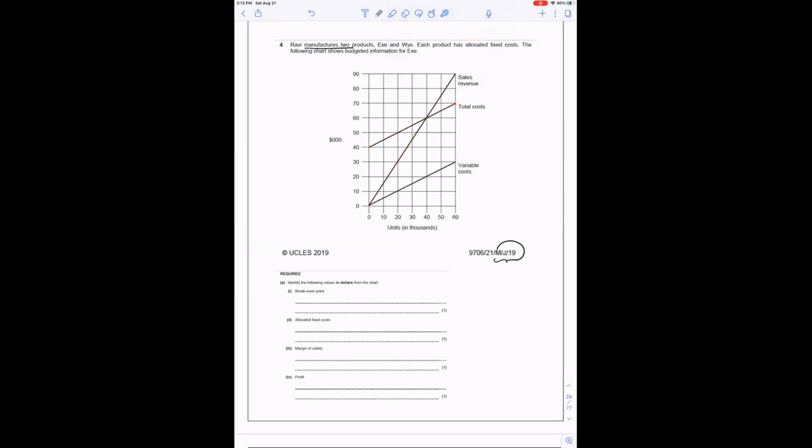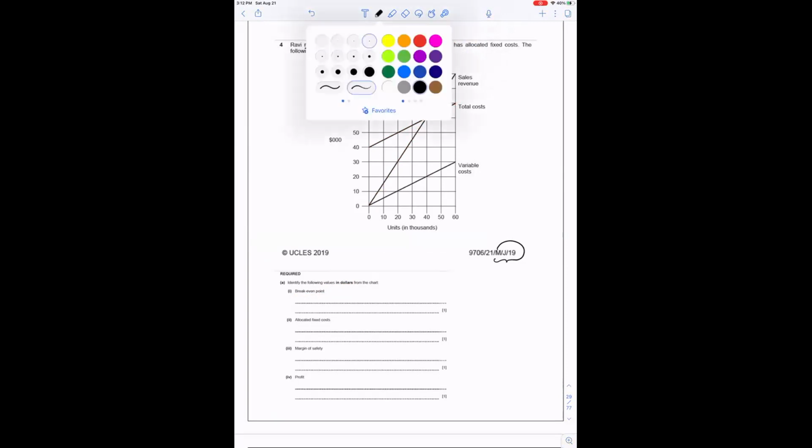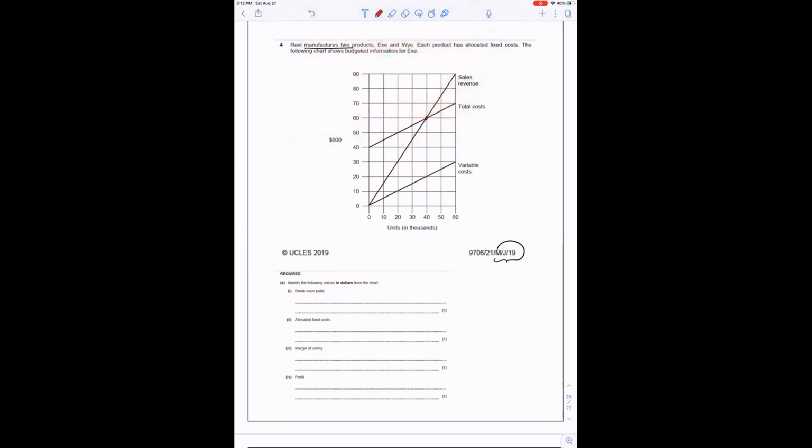So if I see a point where the total cost and total revenue meet each other, they meet over here. So units would be 40,000 break-even units and the revenue in dollar would be $60,000. So I want the value in dollars of the break-even point. So it would be $60,000.